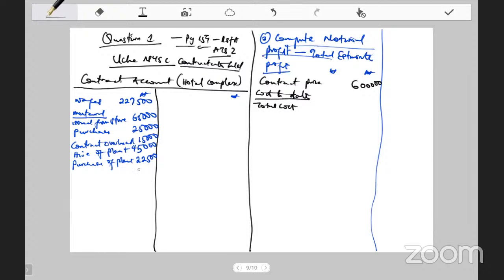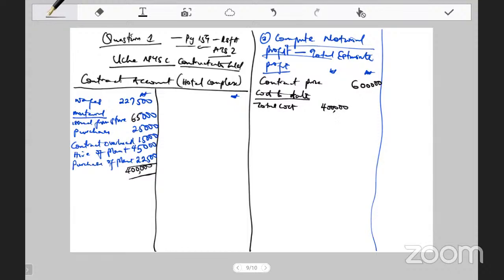If you add all these costs that we have now, what is the value? I guess it's 400,000.